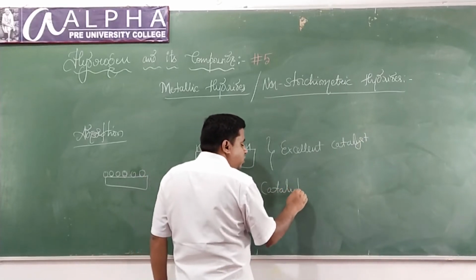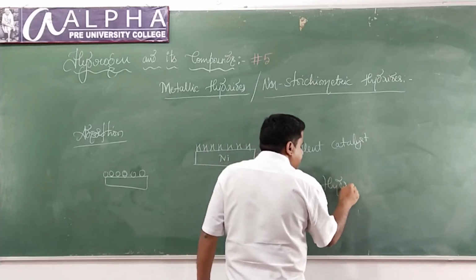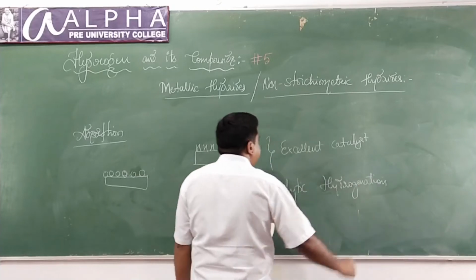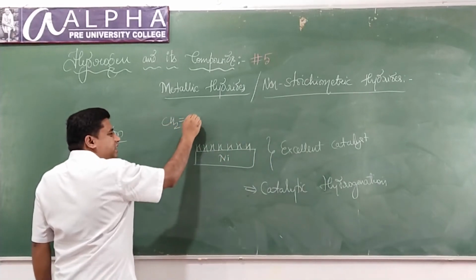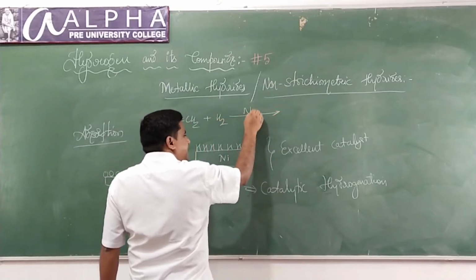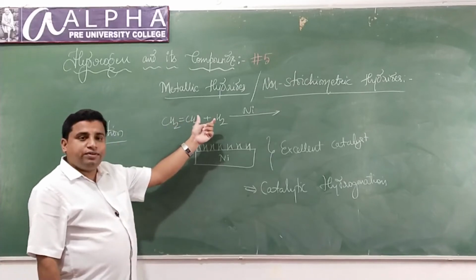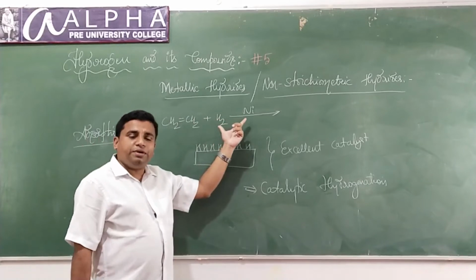It is called what? Catalytic hydrogenation. For example, if I take ethene and treat it with hydrogen in the presence of nickel as catalyst, what is going to happen here?